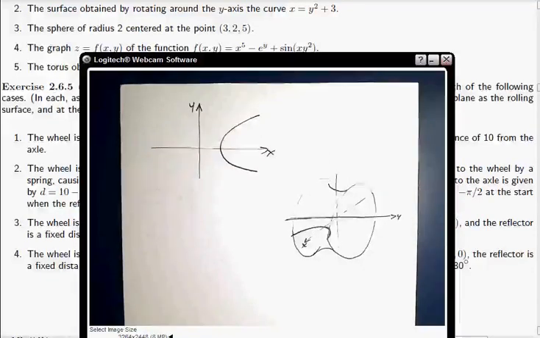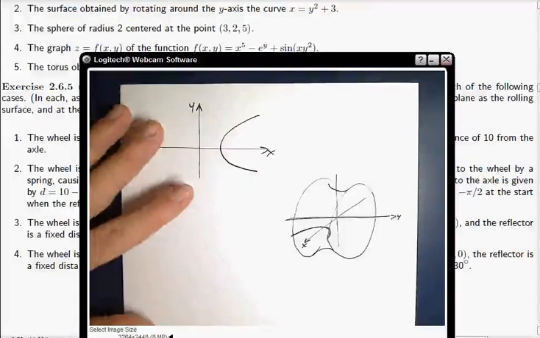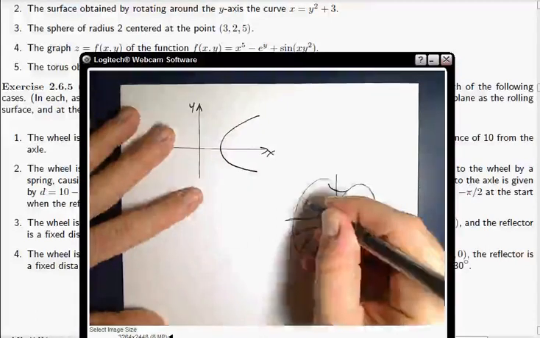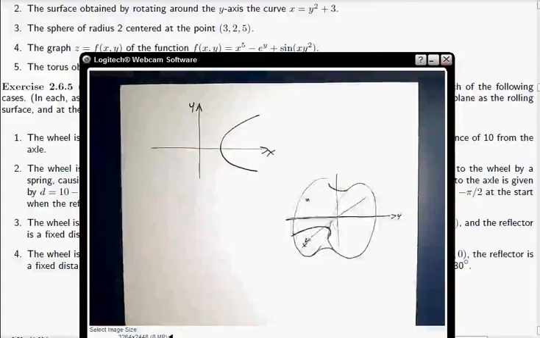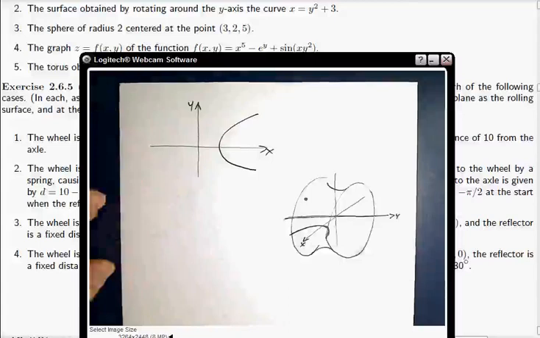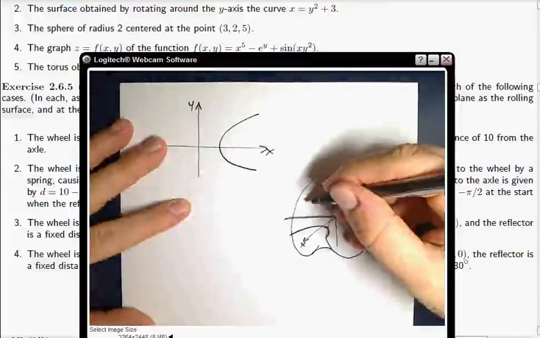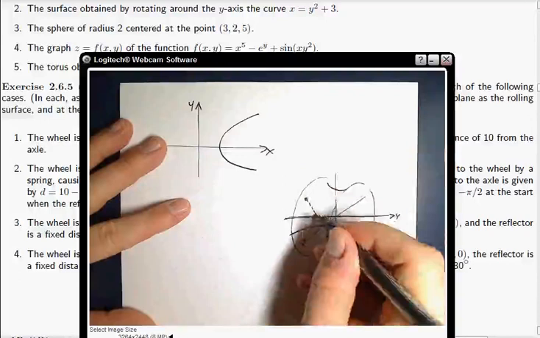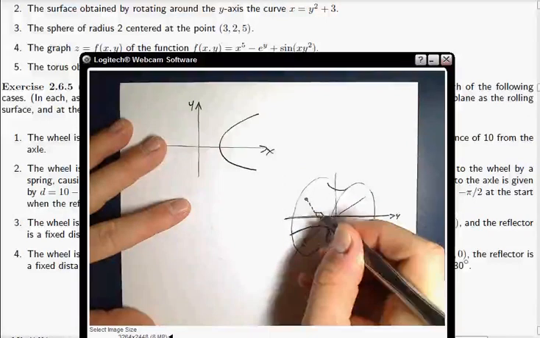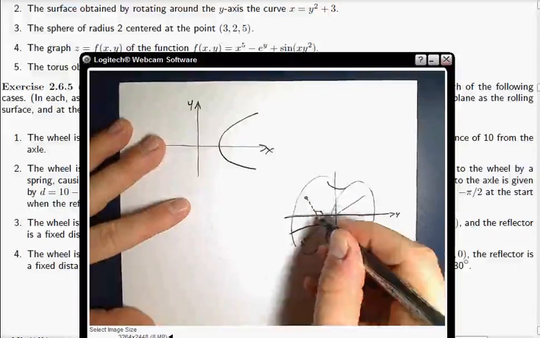Okay, so here's what I'm going to do. This is a useful trick for parameterizing, and I don't remember if there's an example in the book on this. What I'm going to do is find a way to describe any way I could possibly find to describe where this point is. And one way to do that is to drop a perpendicular over here to the y-axis, and talk about its y-coordinate.